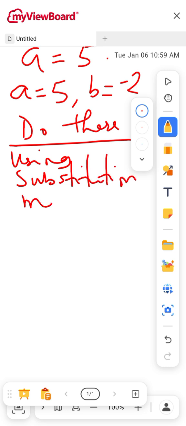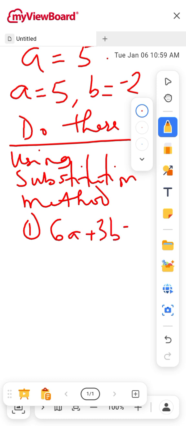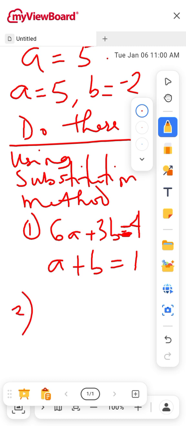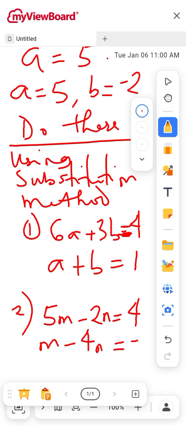The very first one that we have there is 6a plus 3b equals 4, a plus b equals 1. So solve that. Then number 2, we have 5m minus 2n equals 4, m minus 4n equals minus 1.